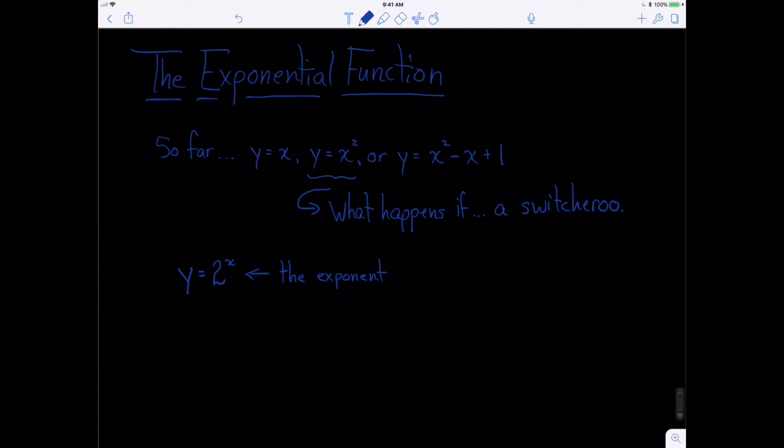And let's give it a definition. It's an exponential, I should be more precise.